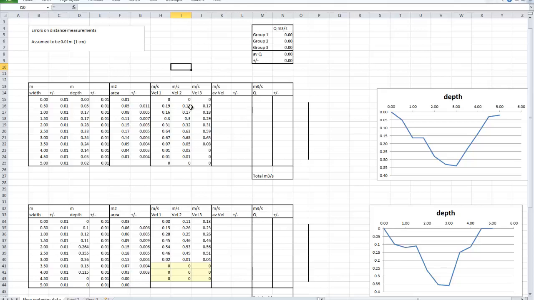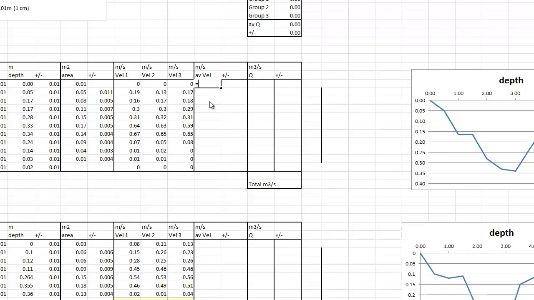Rivers do actually pulse. It's not necessarily to do with the discharge changing overall. There's no extra water entering the system, but they actually pulse. Anyway, there's some error, and you've been able to detect that by making multiple measurements of the discharge. So the first thing that you need to do then is to work out the average velocity. So we'll enter average.